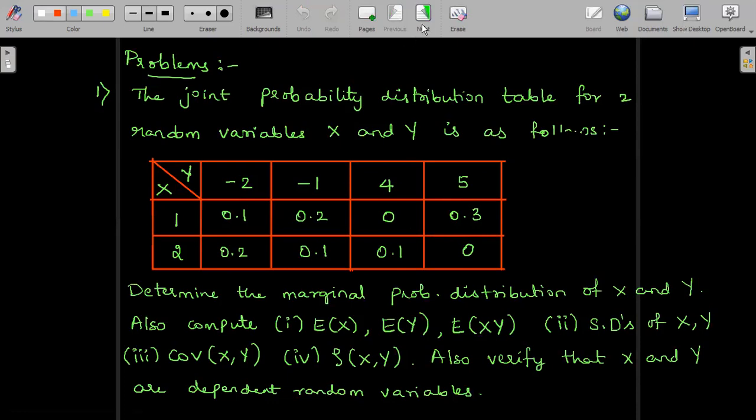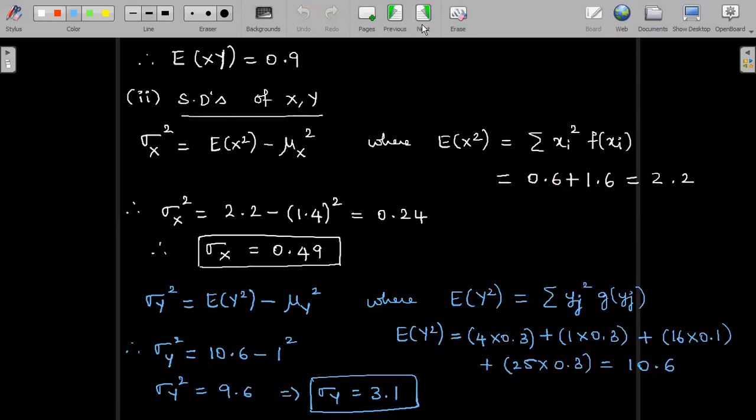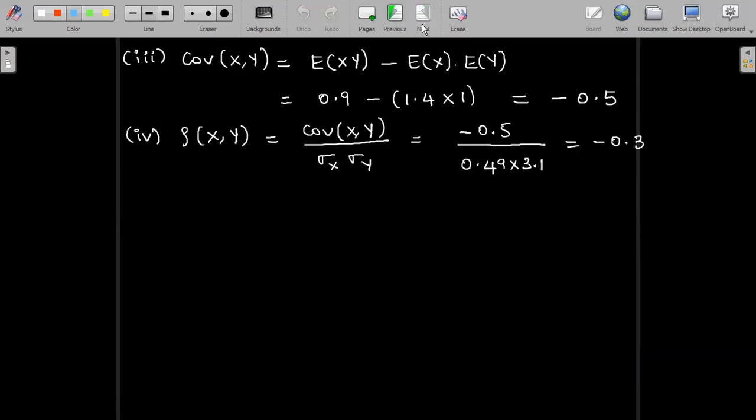Now we will recall the definition for independent random variables that we learned in the theory. Suppose we assume x and y are independent random variables. Then it should satisfy the condition f of xi into g of yj is equal to pij. We can just check for one of the values.